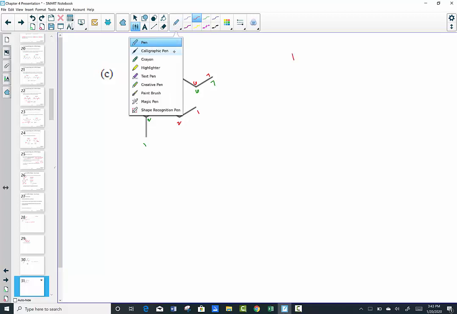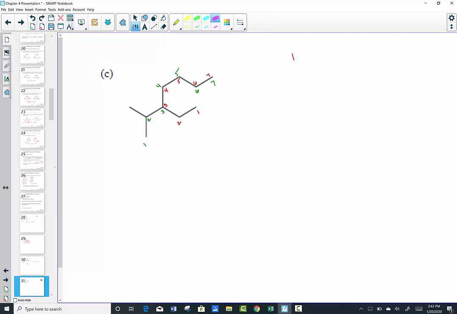When I consider, let's say, counting in green, I had 2 branches. And if I counted in red, I only have 1 branch. So the correct numbering system wants the greatest number of branches.